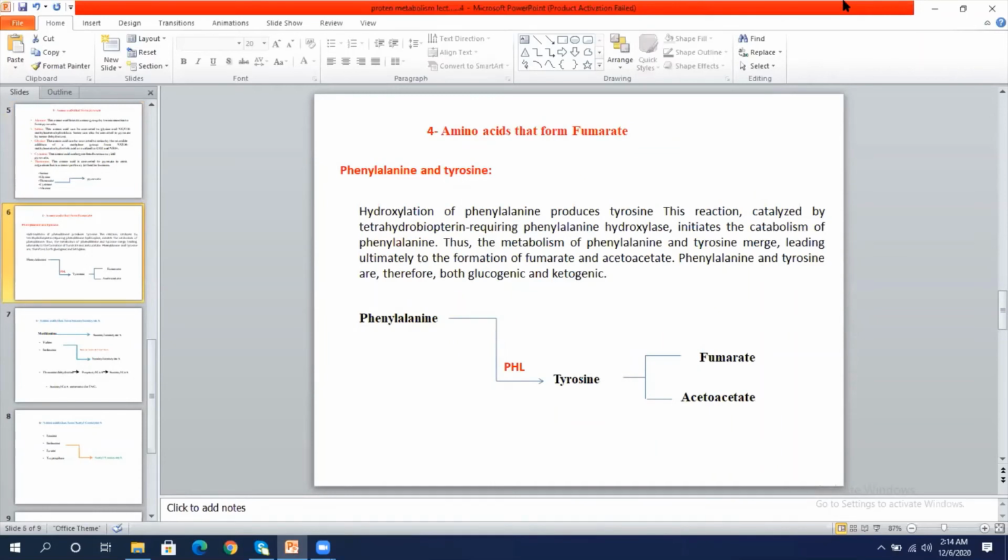In the fourth way, some amino acids form fumarate. Phenylalanine and tyrosine are those amino acids which contain a phenyl ring in their structure.